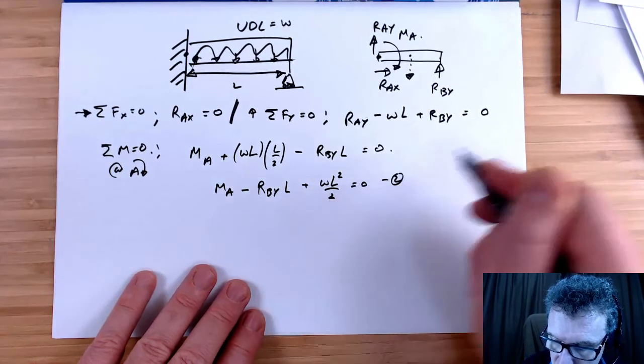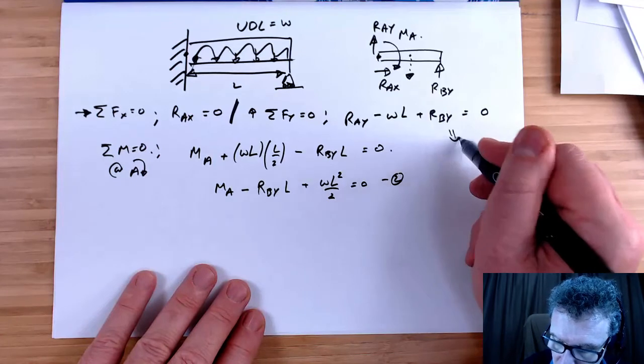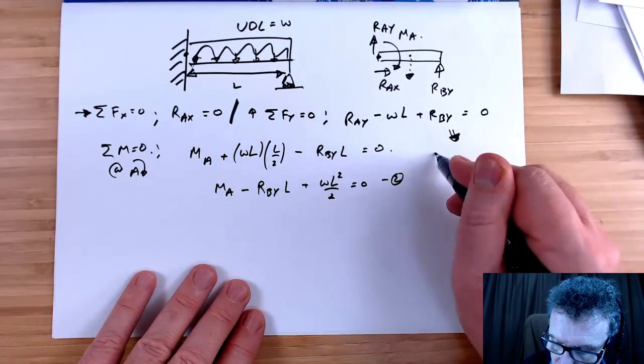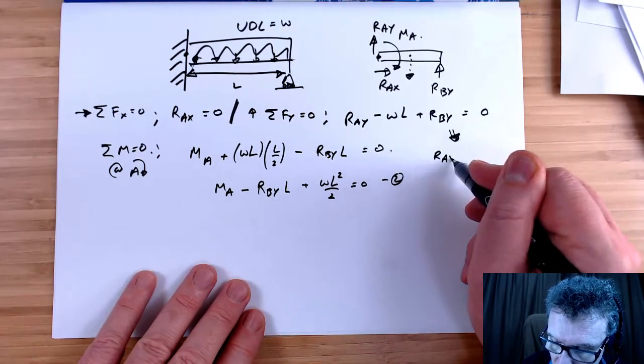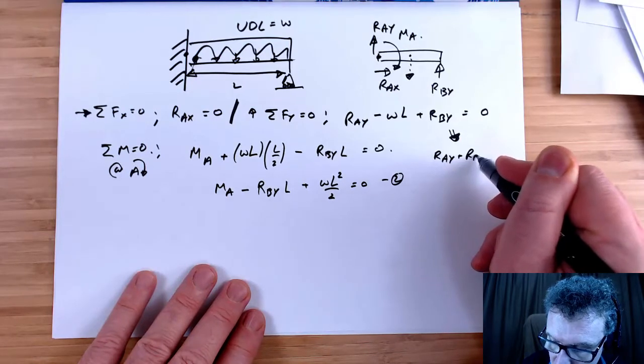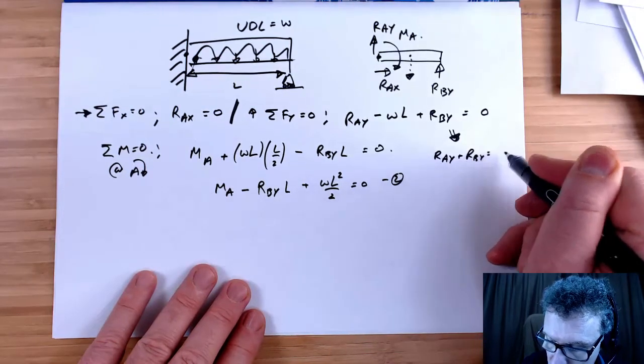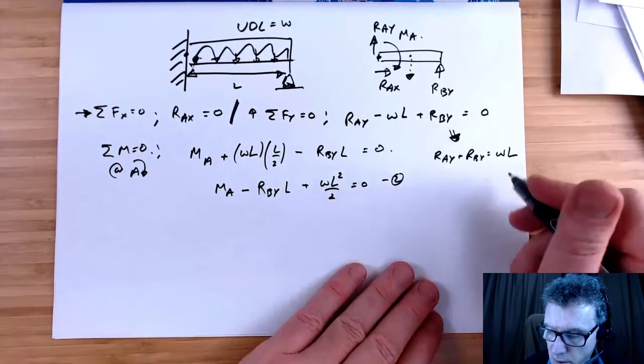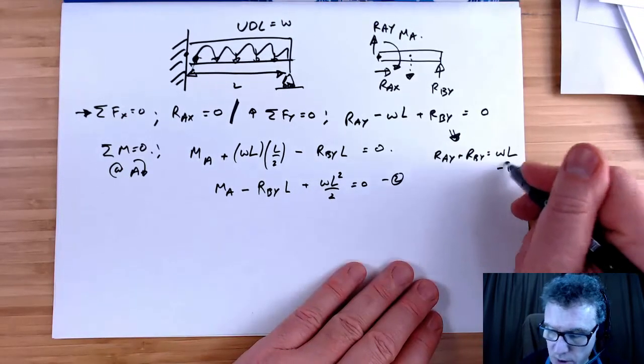That's equation 2. And here we're going to get equation 1. RAY plus RBY equals little w times L. That's my equation 1.